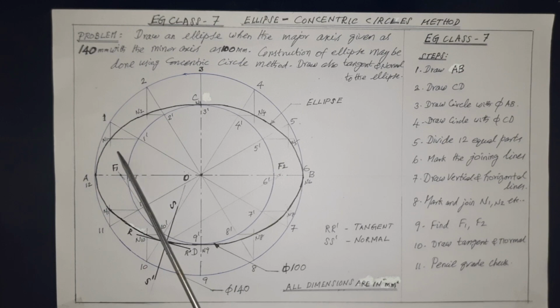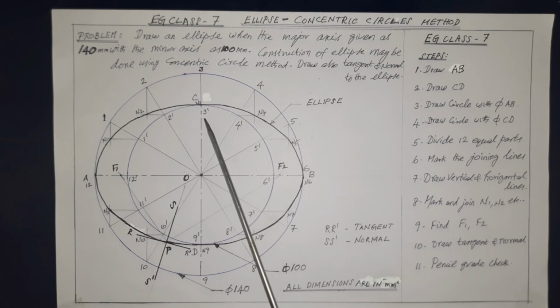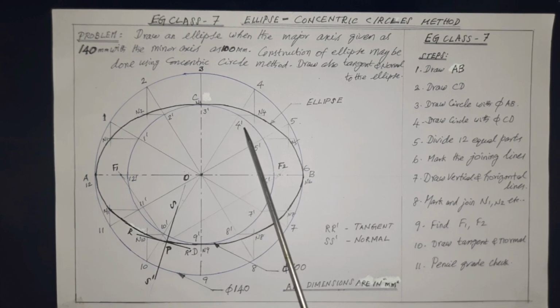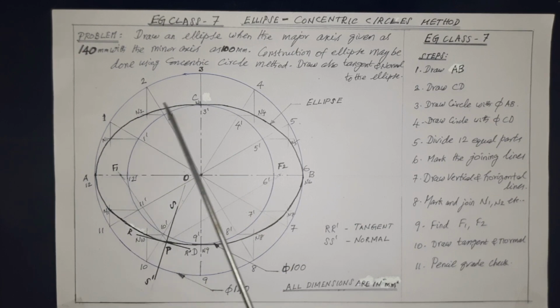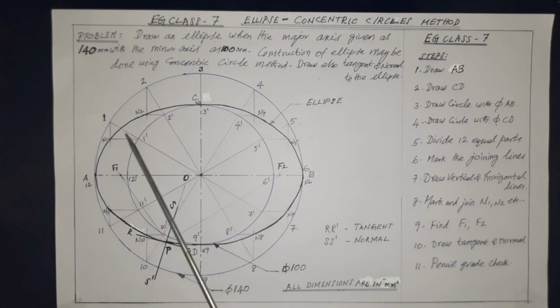These two lines meet at these points. And also, please see this. This is making a perpendicular at the joining place at each N1, N2, etc. Now, we have to join all these points N1 to N12.